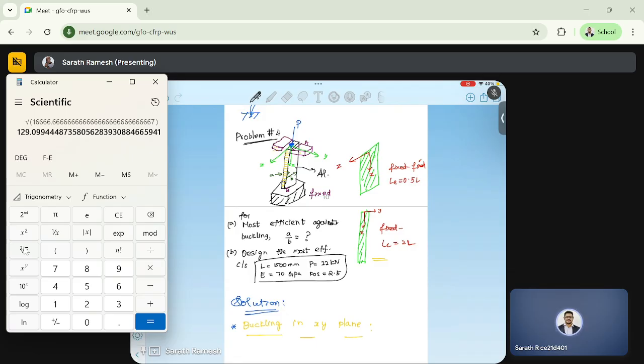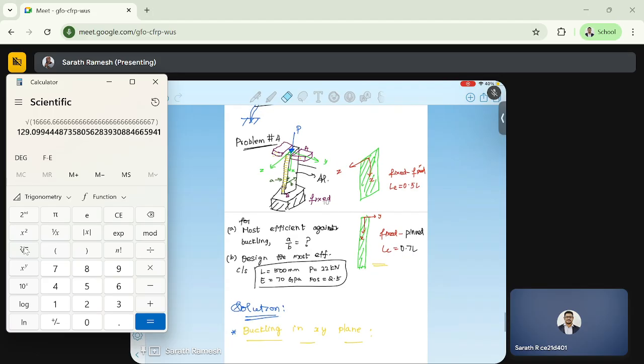The moment cannot go, translation is restricted, so pinned. So this will be 0.7. Whereas in the other case, it is free, not fixed, sorry. Free, so it is 2L.